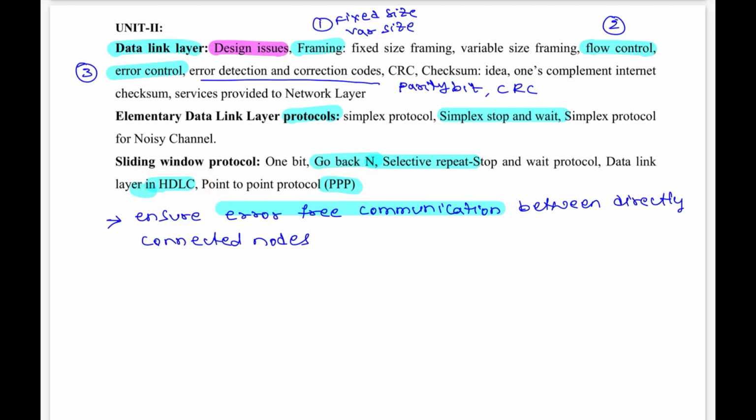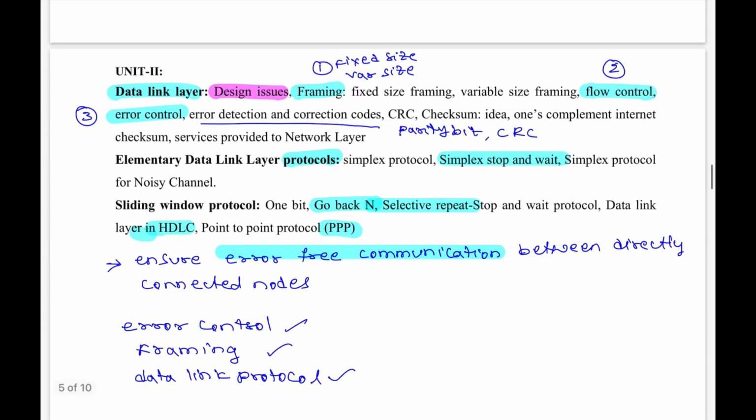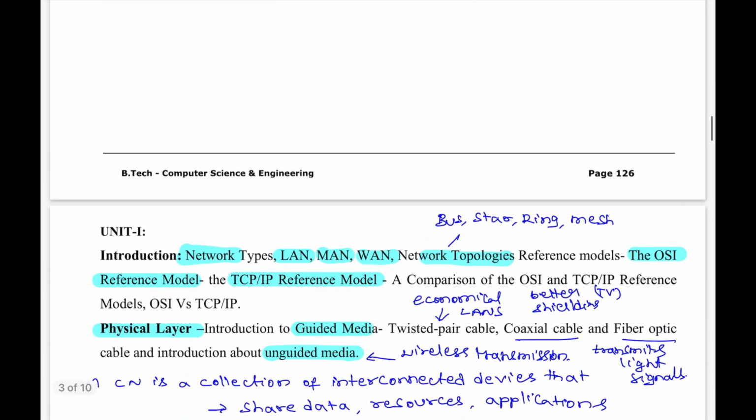So at the end of this unit 2, we will try to understand what is error control, what is the meaning of framing, and what are the various data link protocols. We will try to understand these three concepts at the end of this unit 2. It will maintain the data link reliability. Okay, and now we will move on to unit 3.